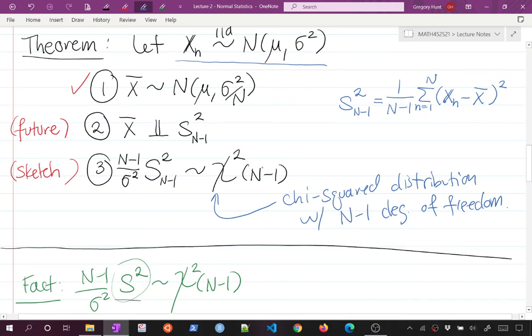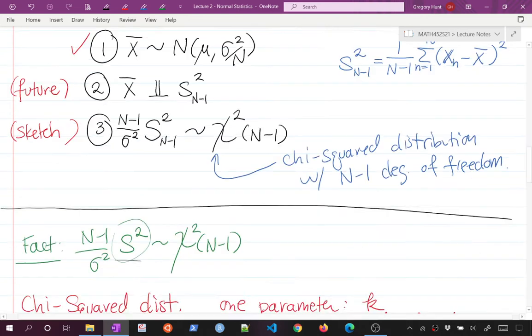There's a certain subspace with dimension n minus 1. So it has to do with the geometry of the s squared kind of linear or quadratic operator. So it's a pretty deep point.